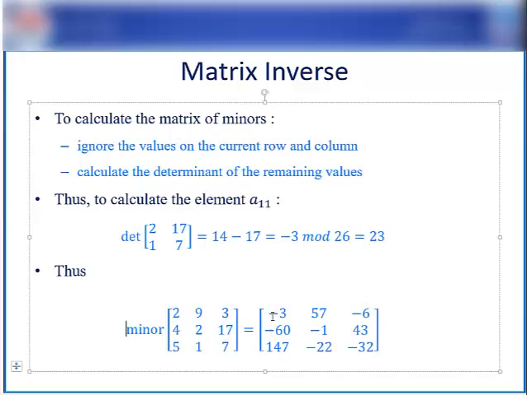But for now, we are going to use this minus 3 notation. And we do the same for every single element. For example, to calculate this 56, we ignored this row and this column and calculated the determinant for the matrix which consists of 4, 5, 17 and 7. So 5 by 17 minus 4 by 7 gives us 57, and so on.